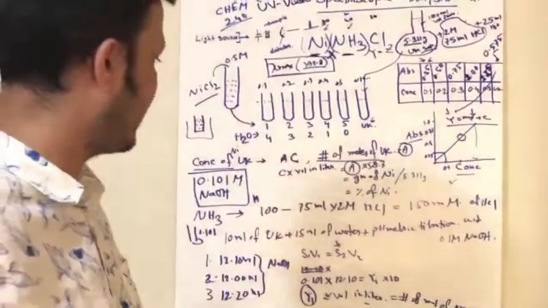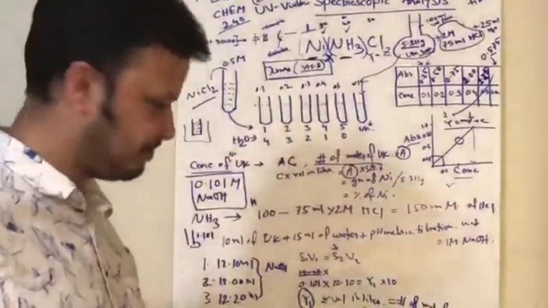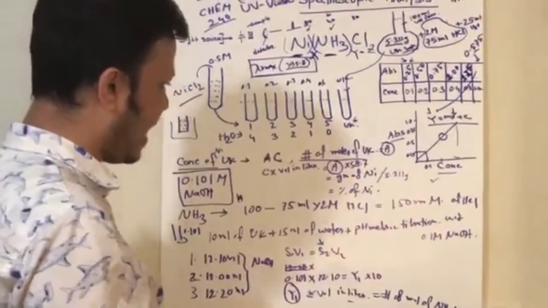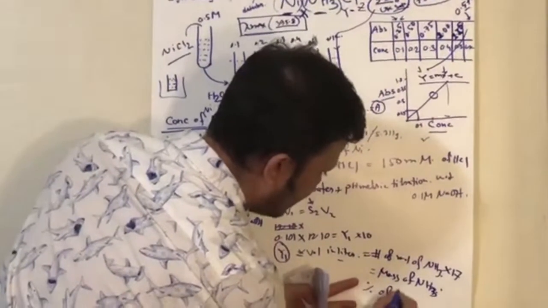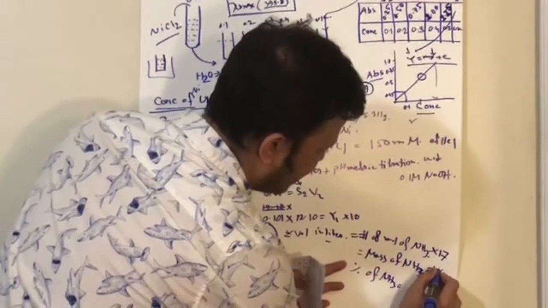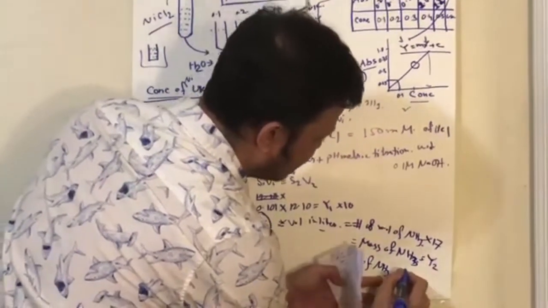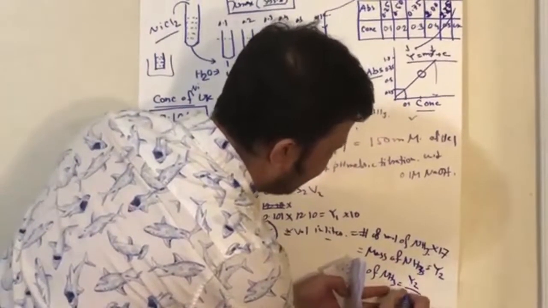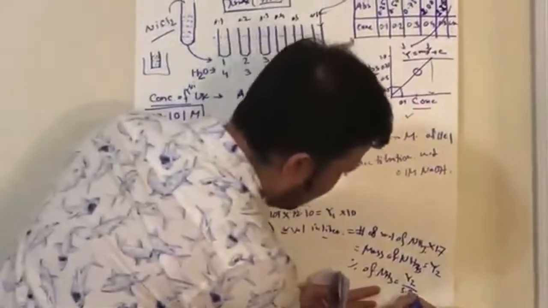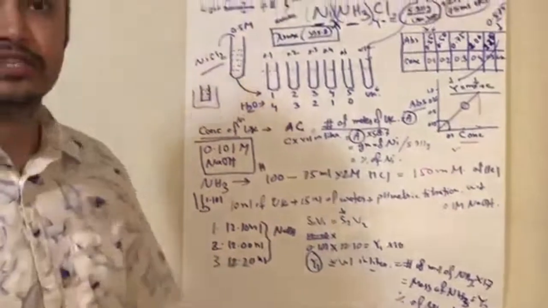Once you get the mass of ammonia, you can get the percentage of ammonia. How? Whatever you get, if I call it Y2, the percentage of ammonia will be Y2 divided by 0.311, sorry, 0.311 grams.